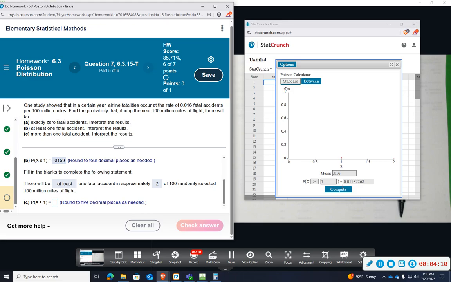And then greater than 1. That gives us 0.0001. This one says round to 5 decimal places, so be careful of that. So 0.00013.